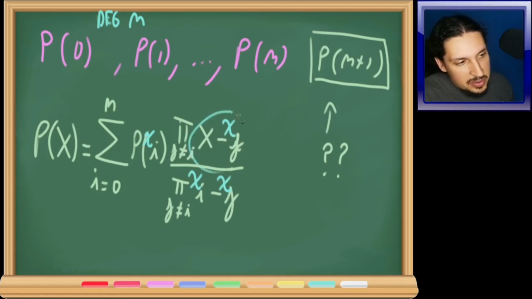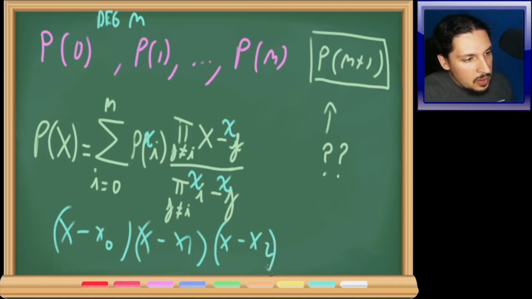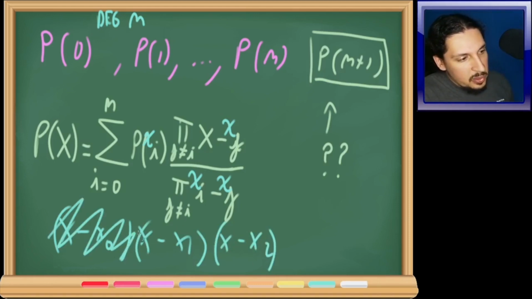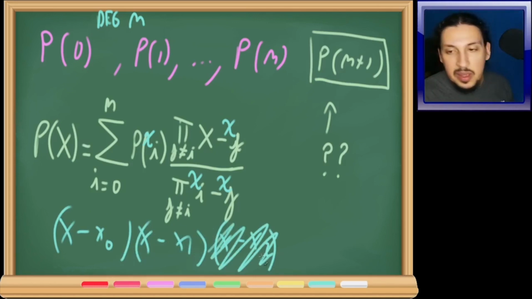The only thing that changed in each case with each i is that i is excluded. So, for example, for 3 numbers, you have x minus x0, x minus x1, x minus x2. For the first term, you exclude this one. For the second term, you exclude this one. And for the third term, you exclude this one.